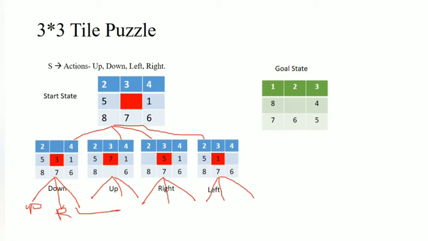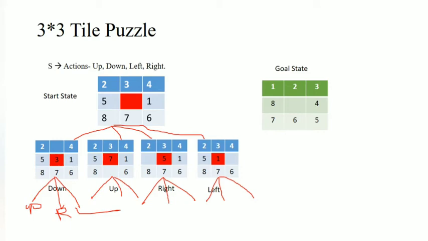Accordingly, after moving tile 3 downwards, you will get this matrix. This is your intermediate state, or resultant state, obtained by using the action down, right? While using the action up, you have this state, another intermediate state. While using the action right, you have another intermediate state, and while using the action left, you have another.